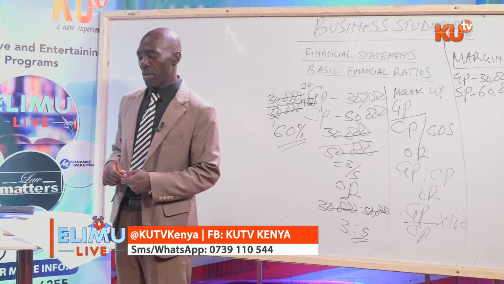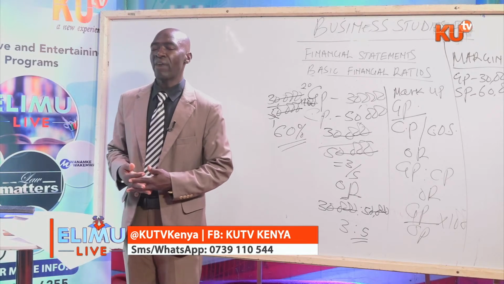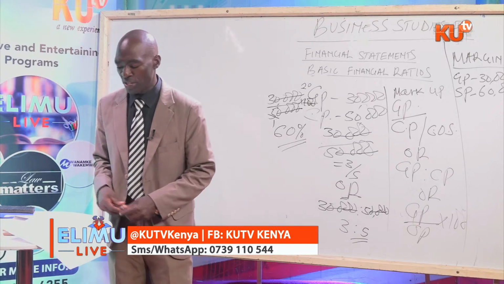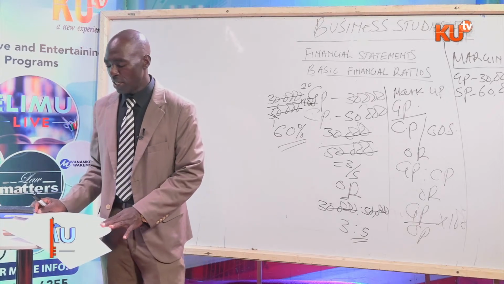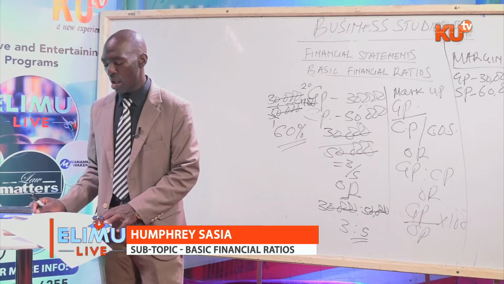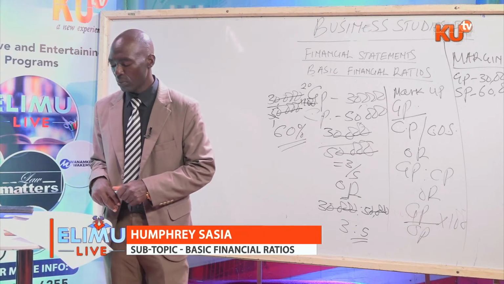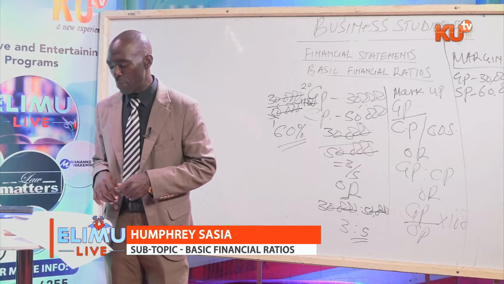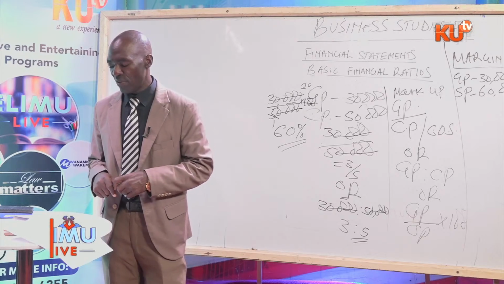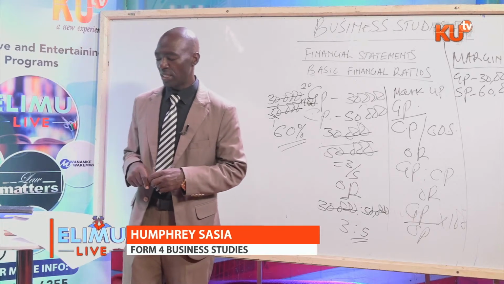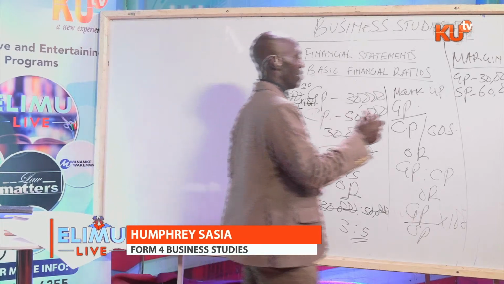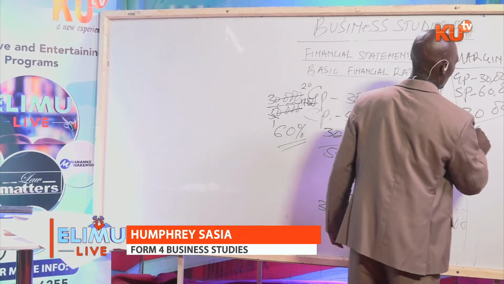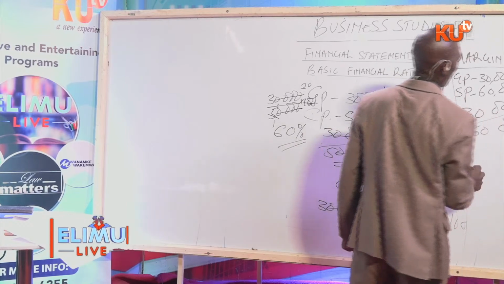It can either be a ratio, a fraction, or a percentage. That is margin. So working using the two figures above, we are going to have 30,000 over 60,000 as a fraction.